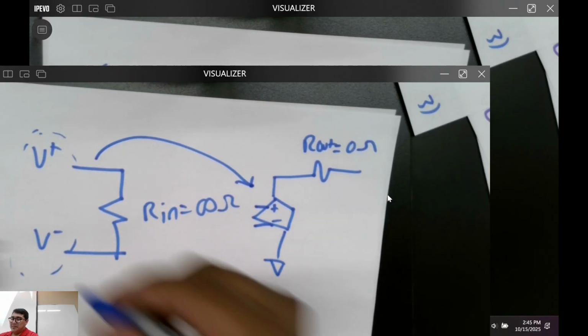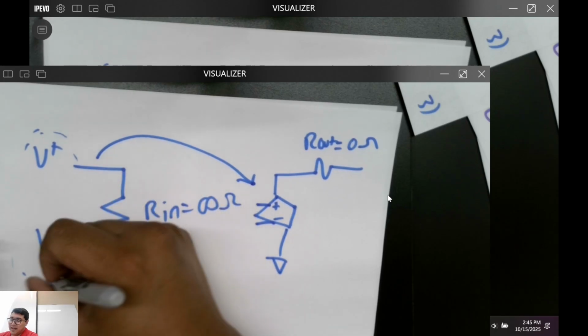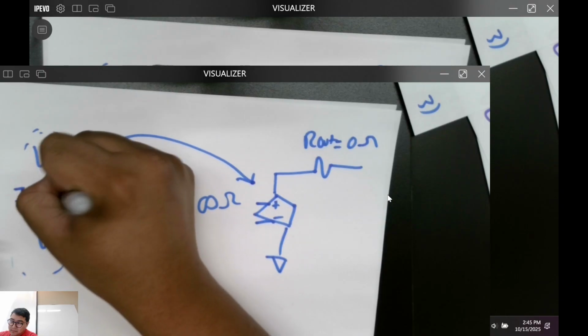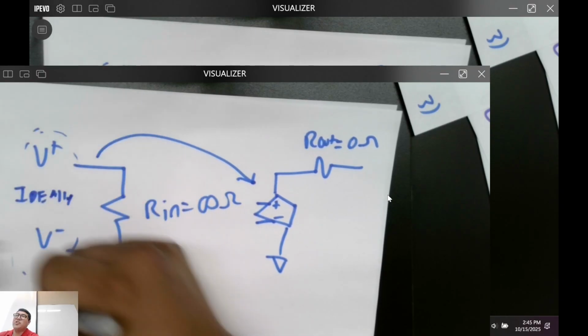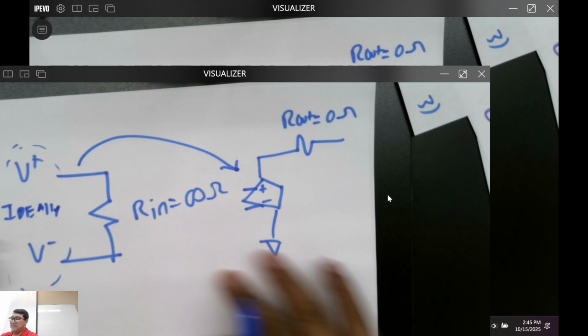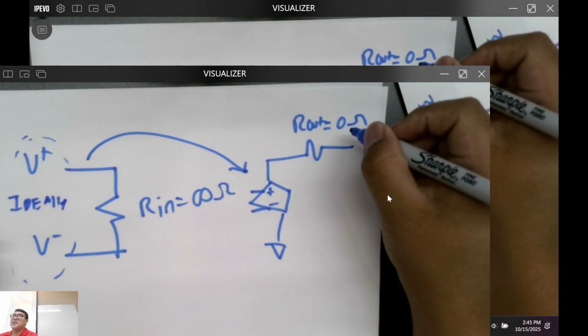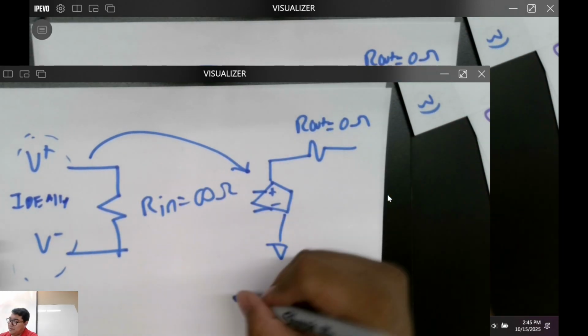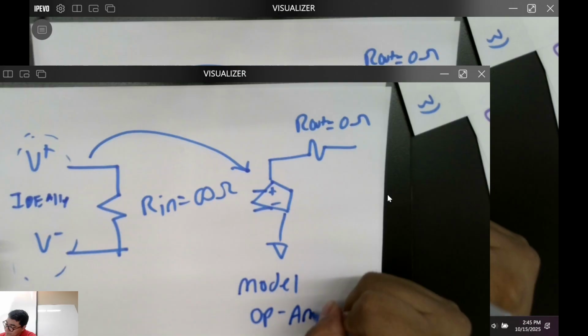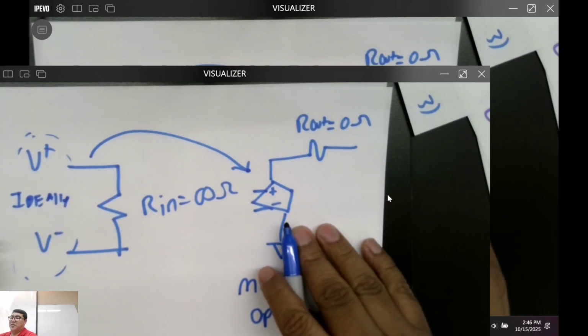Because I think right now what I'm trying to say is, ideally, these two should be equal, but practically, for mathematical reasons, we're going to use this model op amp to try to model this difference.